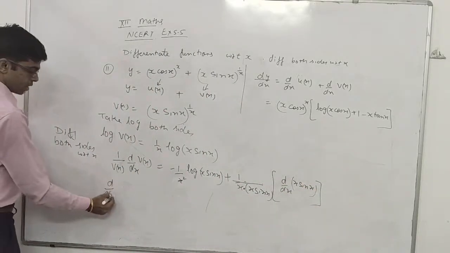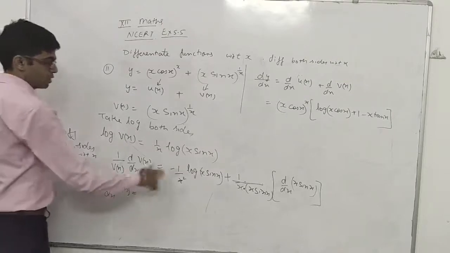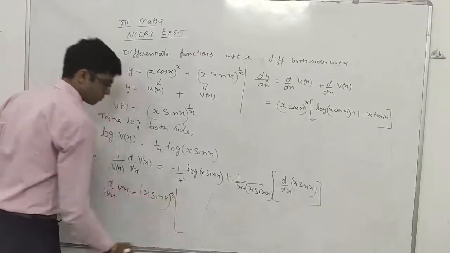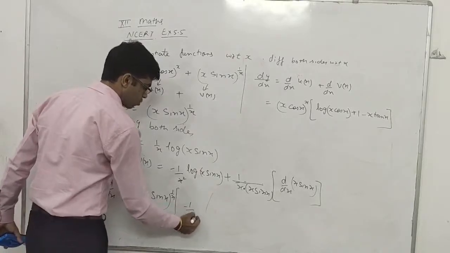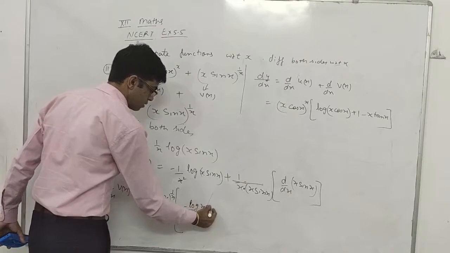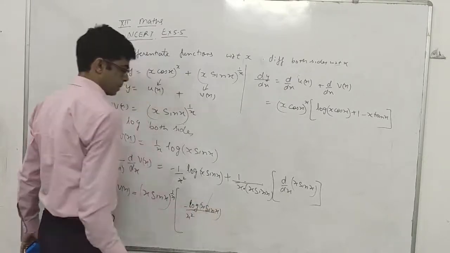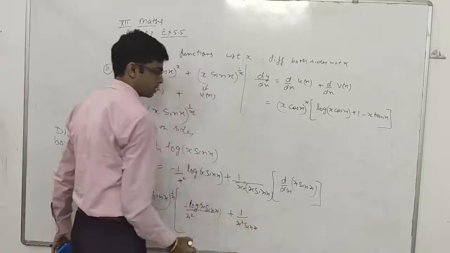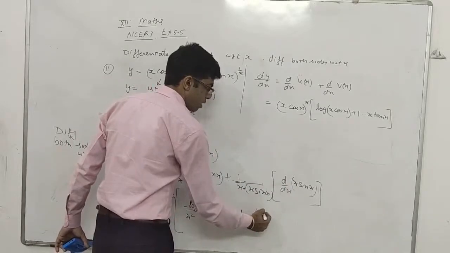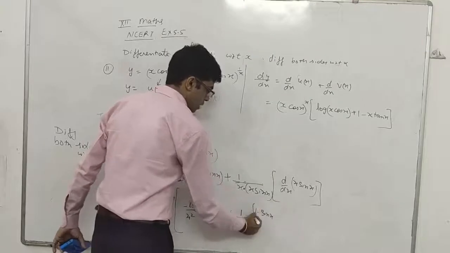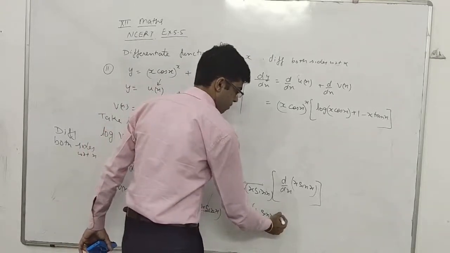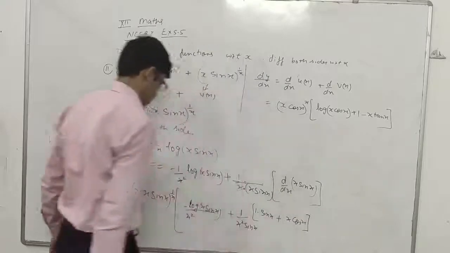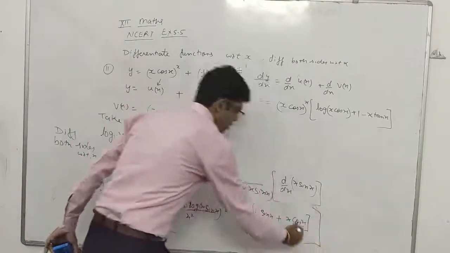So dy by dx of v(x) is, now this is multiplied: minus 1 upon x square log (x sin x), then plus differentiation of sin x is cos x. This bracket is closed.